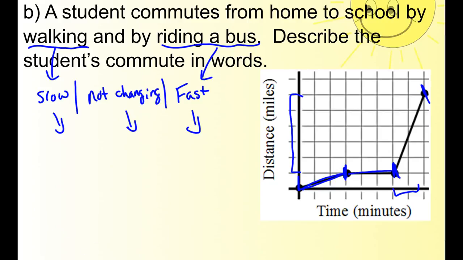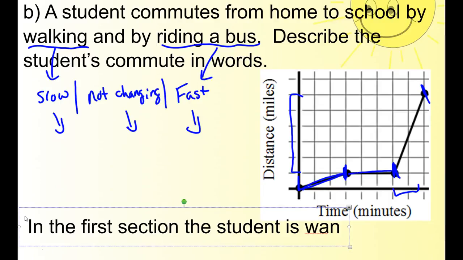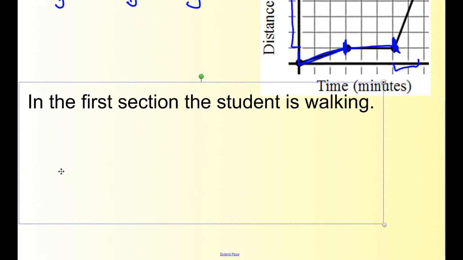Let's type this out again. In the first section of time, the student is walking. I'm going to skip some space here. We haven't really talked about what's happening in this middle section yet.